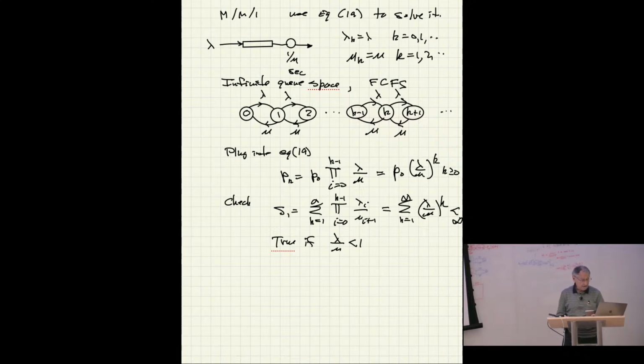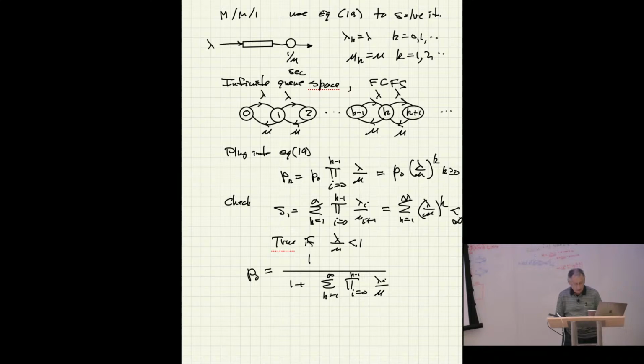Now let's get P0. P0 can be found a number of ways. Let's use the equation. It's 1 over 1 plus the summation, k equals 1 to infinity, of the product i equals 0 to k minus 1. I'm writing down the general version here.